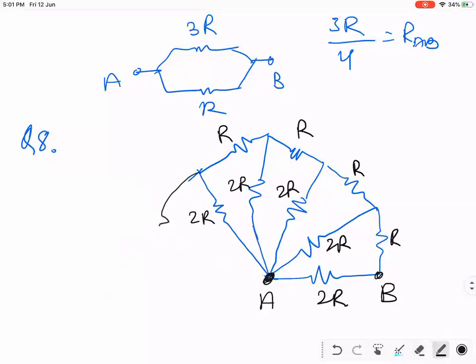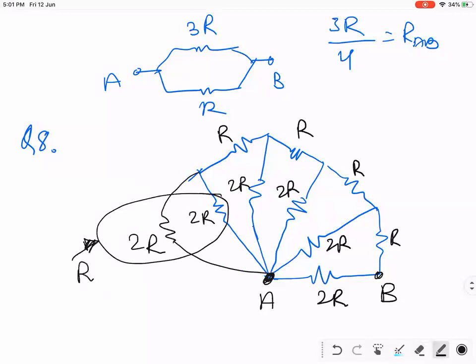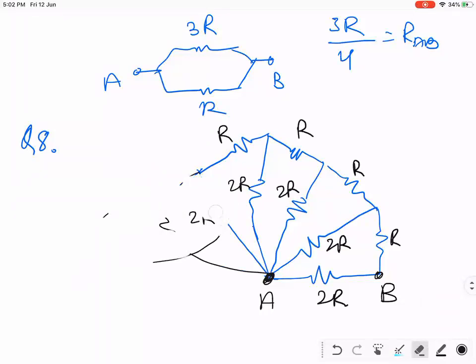Now these 2R in parallel will become R, right? So let's put an R. So we got R here.